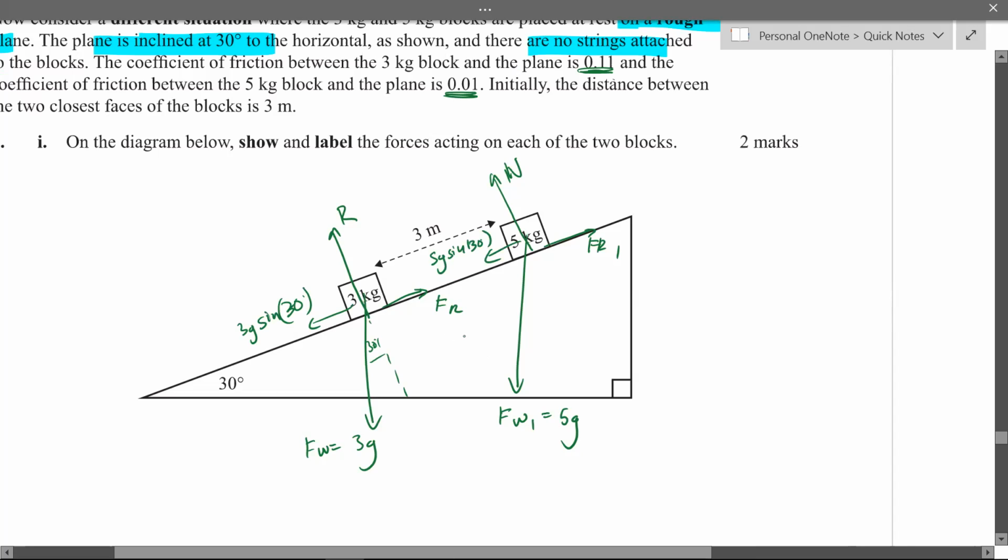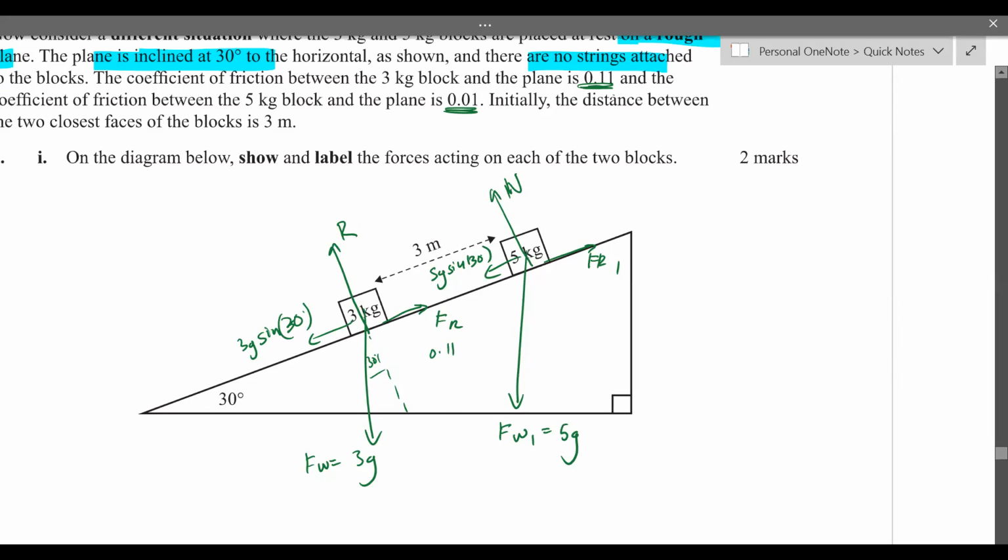For the 3 kilogram, it would be 0.01 R, but R is also the perpendicular component of the weight force, so that's 3g cos 30, and same for this one, except it has a different coefficient, so 5g cos 30.